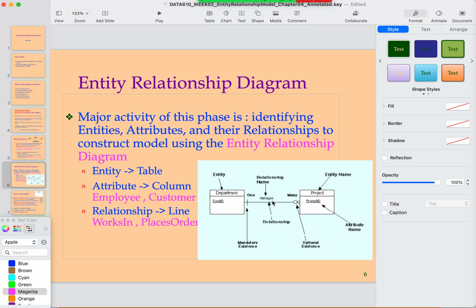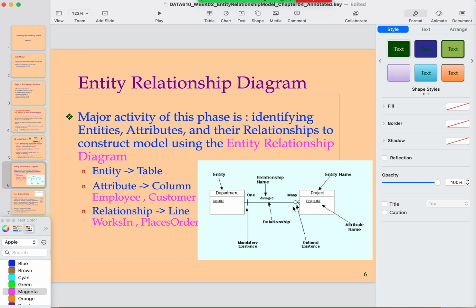So in this case, the department manages a project. So there is a project entity and a department entity. There is a relationship between them because this department works on this project. So department works on project or manages project.